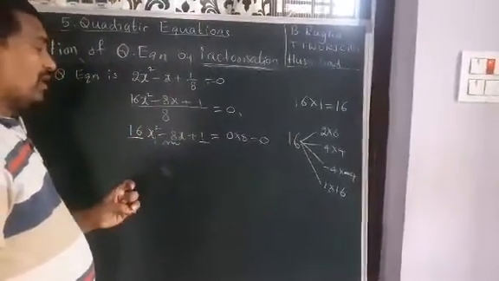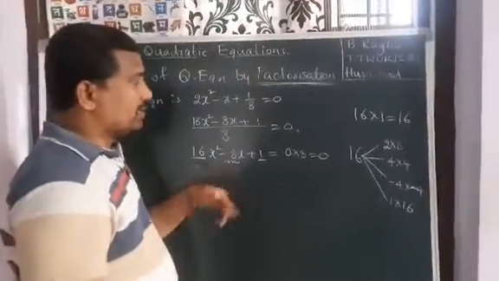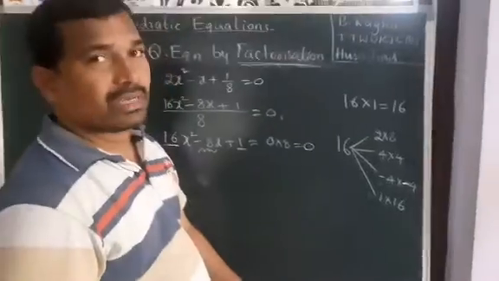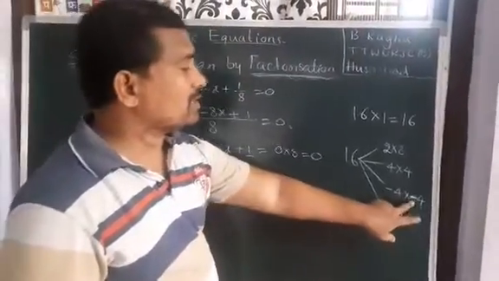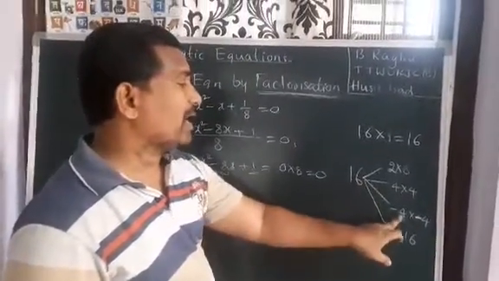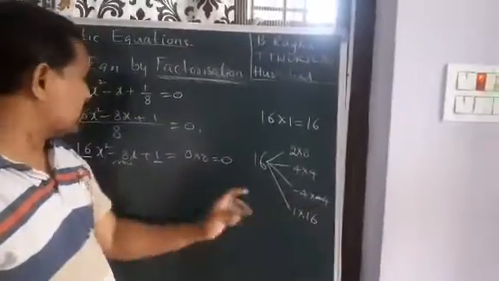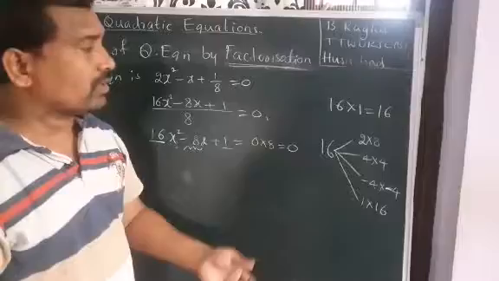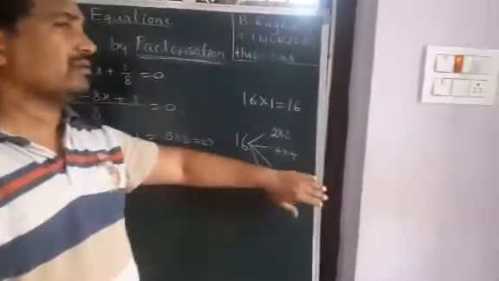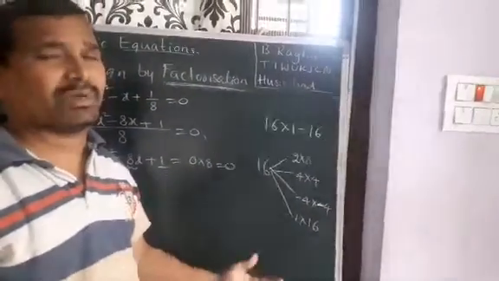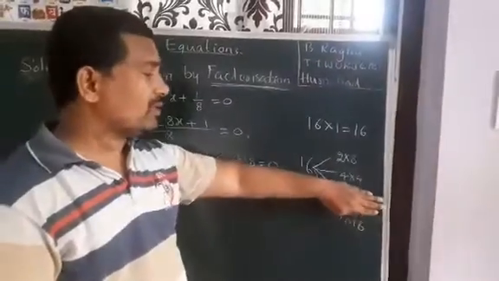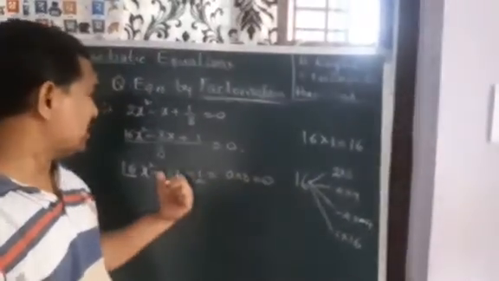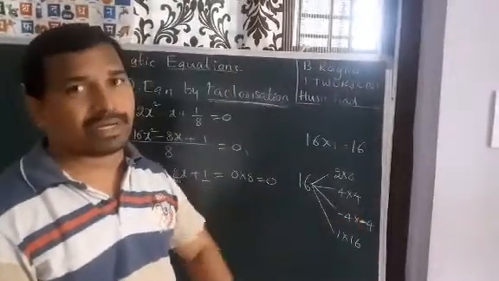Whenever the minus symbol is there, you have to check by taking both as minus. By multiplying minus into minus, you get plus. By adding minus 4 and minus 4, you get minus 8. That is a trick. When it is minus, you have to take both negative.